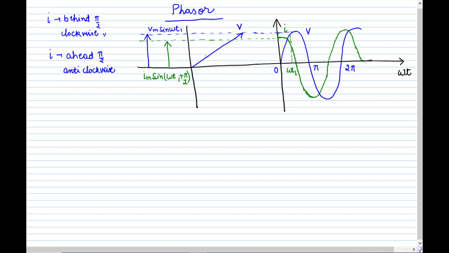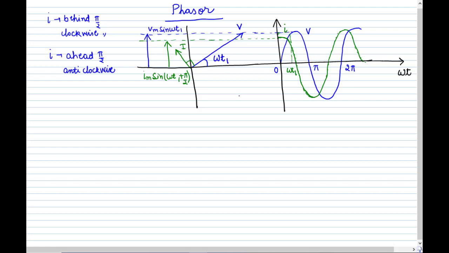If you go pi by 2 in the anti-clockwise direction, it will be somewhere here. So this is our I, and this angle will always be pi by 2 because I is pi by 2 ahead, and this angle is omega t1 because V is at angle omega t1.